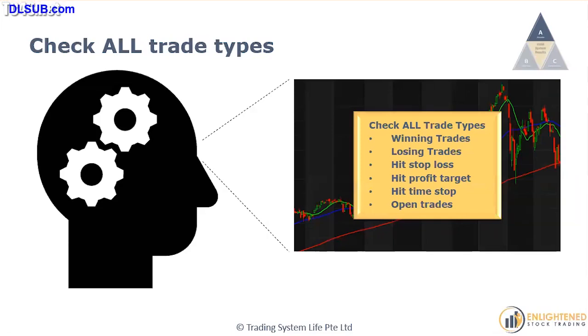Too many people are too eager to hit backtest and then look at the results, look at the statistics of the system. The first thing you should do is hit backtest and then look at the individual trades to make sure that the individual trades are correct.